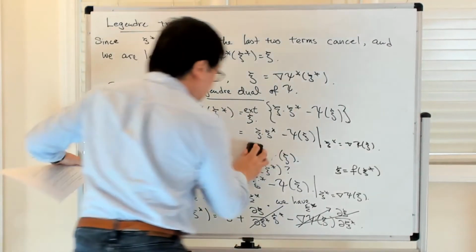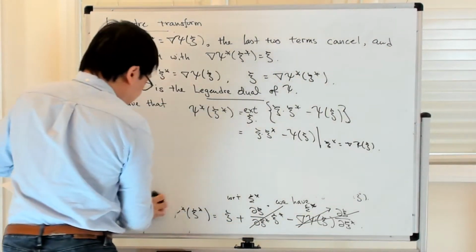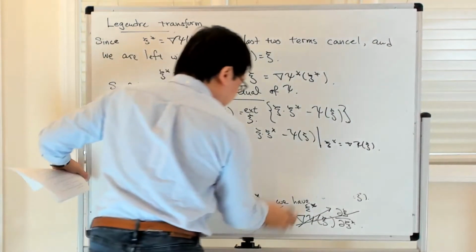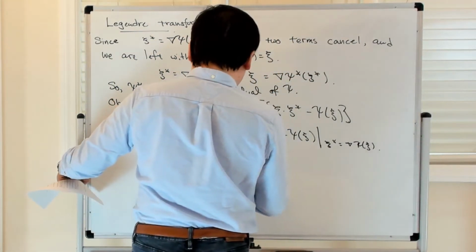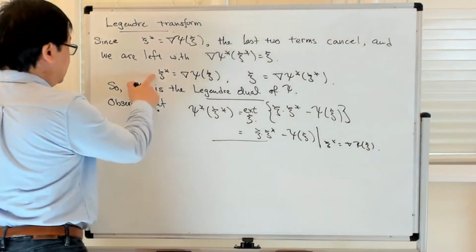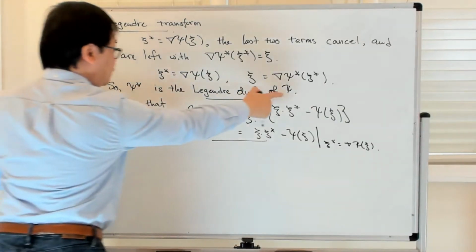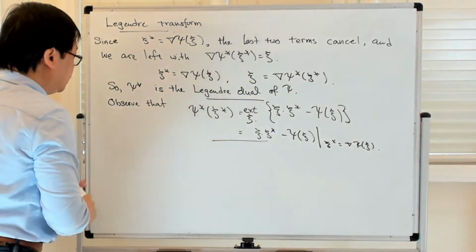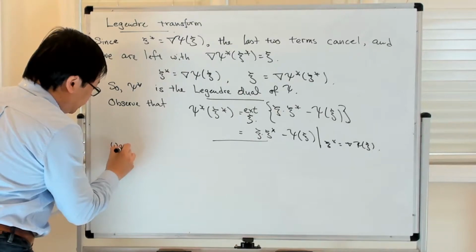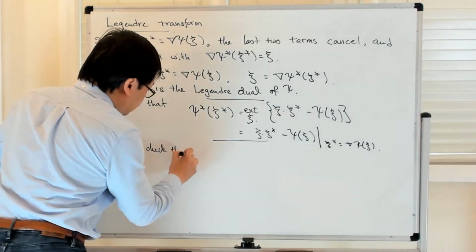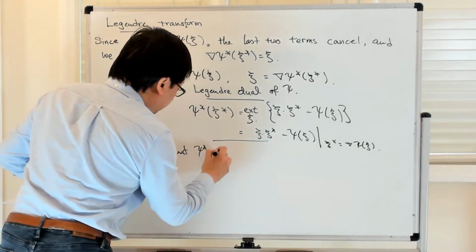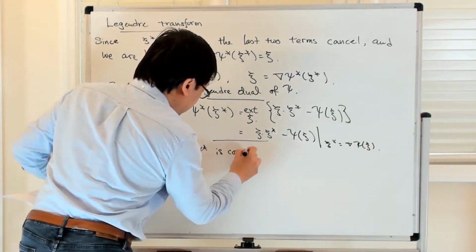One other thing you might want to do, if you really wanted to nail everything down, is to make sure that this Legendre dual of a convex function is again convex. So we want to check that psi star is convex.